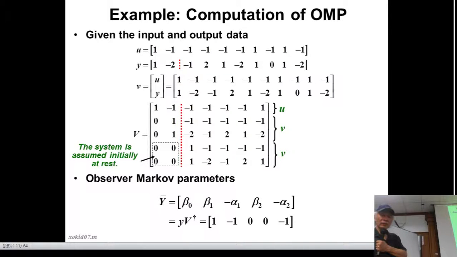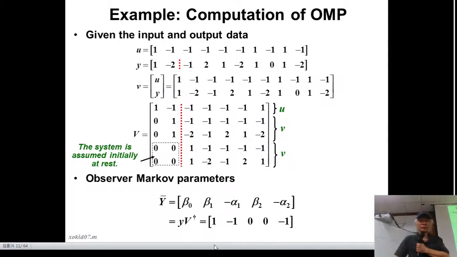And if that's the case, then in your homework, that's my y. Assume this is initially at rest. Then in your homework, I assume initially at rest. So your y bar, the parameters, equals y times v pseudo inverse.